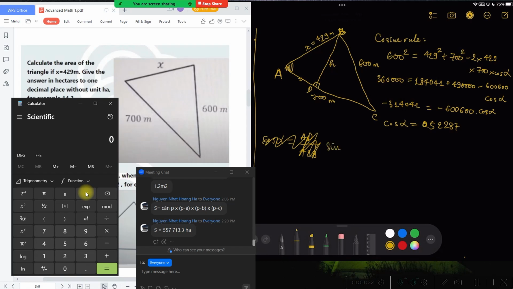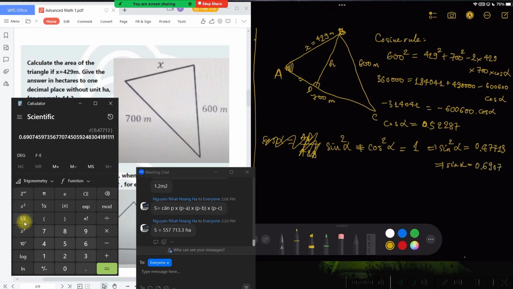So, sine of alpha. You know that sine squared plus cosine squared is equal to 1, right? So sine squared of alpha will be equal to 1 minus 0.52287. Square root of that, you get 0.6907.